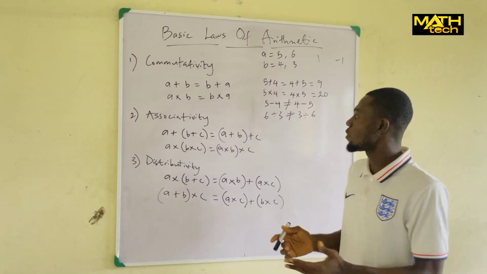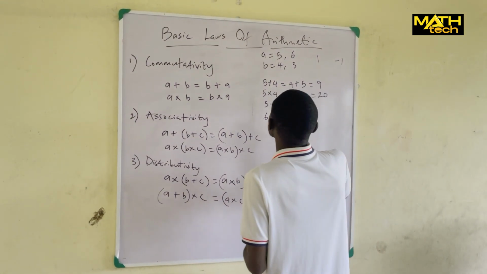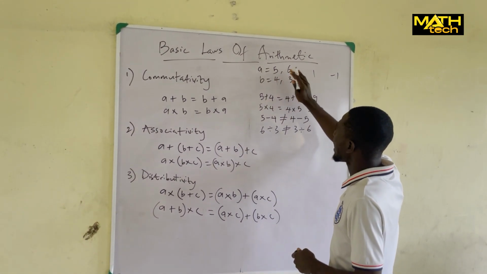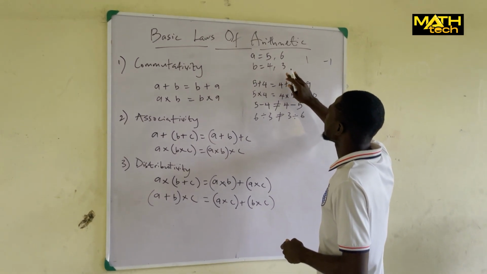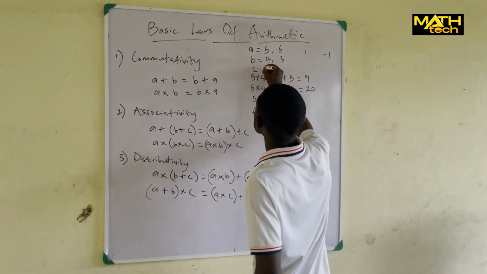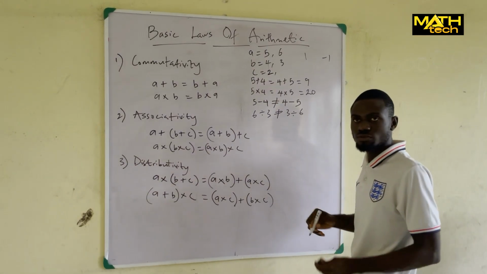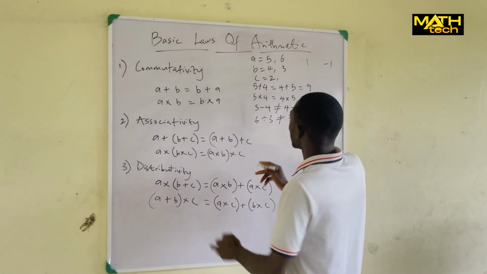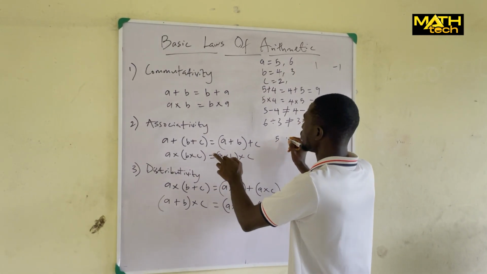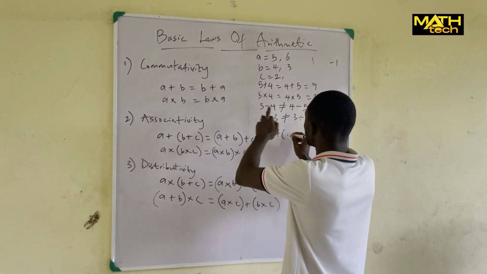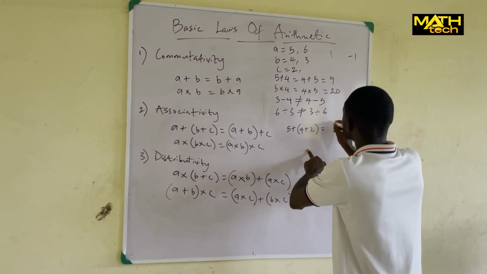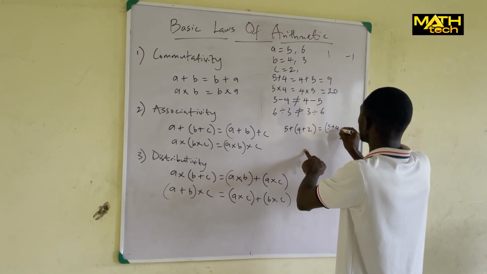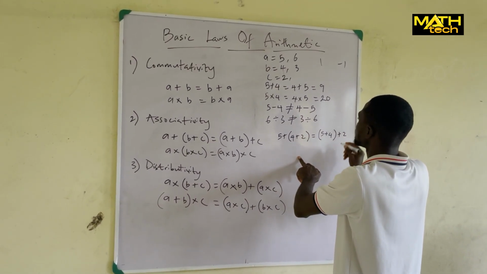They are associative operators in the sense that if our A is equal to 5, our B is equal to 4, and our C is equal to 2. So let's see it. Now A is 5, 5 plus bracket 4 plus 2, right?